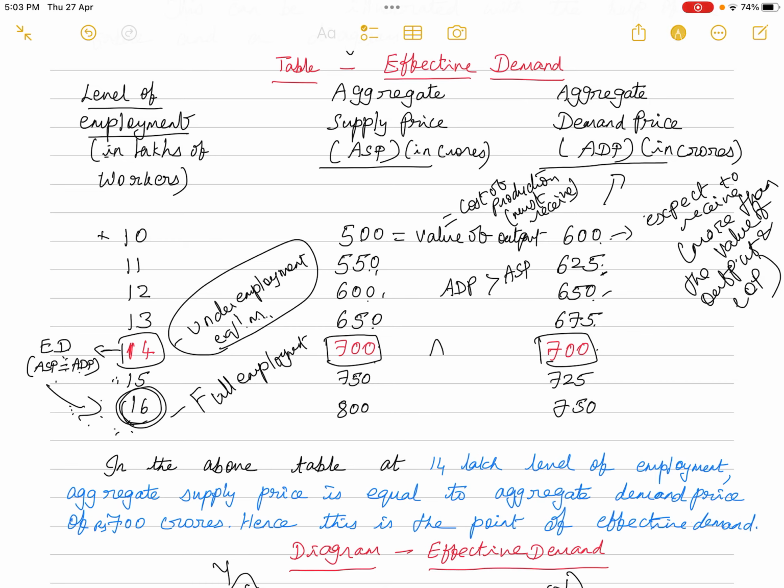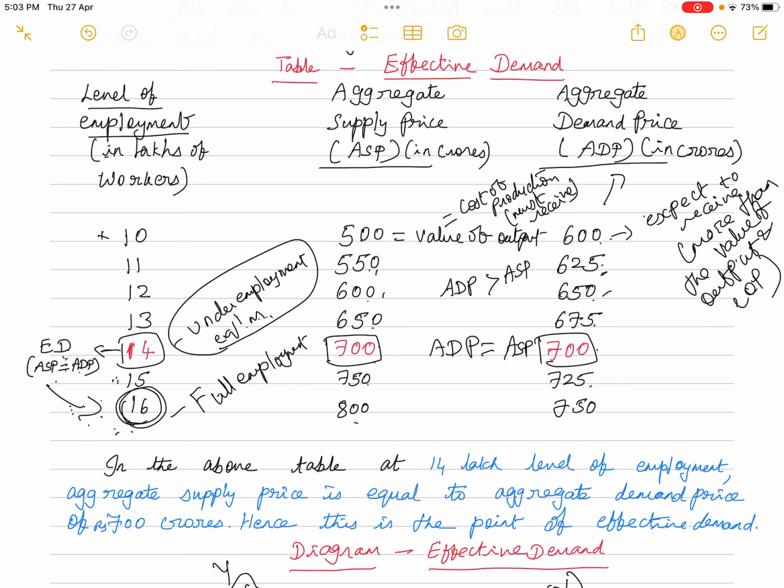And at 14 lakhs, you can see that aggregate demand price is equal to aggregate supply price. And you can see that after 14 lakhs amount of labor force were employed, the aggregate demand price becomes lesser than aggregate supply price, isn't it? So the cost of production is 750 crores, but what they expect to receive is 725.